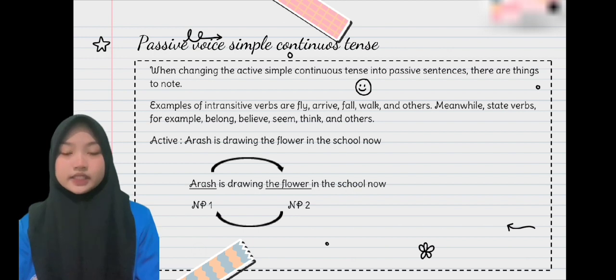When changing the active simple continuous tense into passive sentences, there are things to note. Quoting the Cambridge Dictionary, we can make passive forms from verbs which do not have objects, namely intransitive verbs.